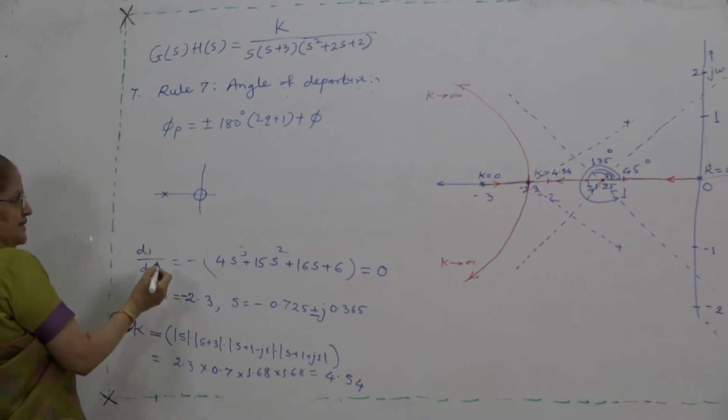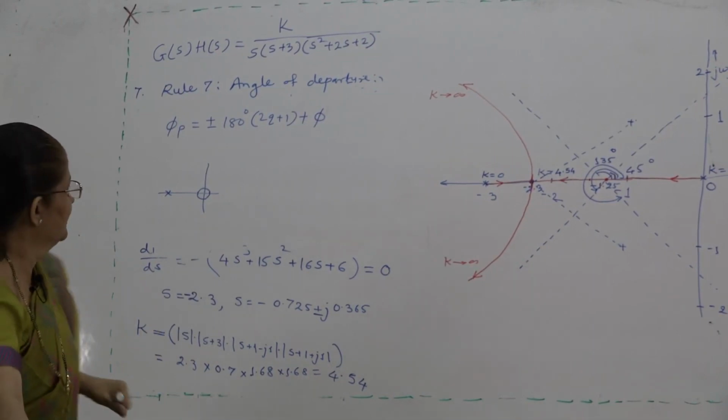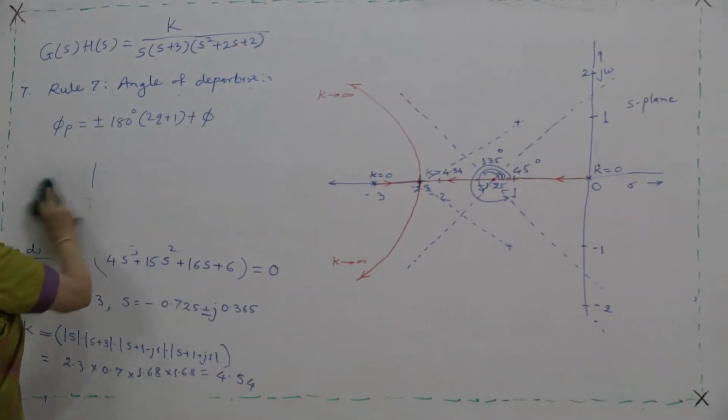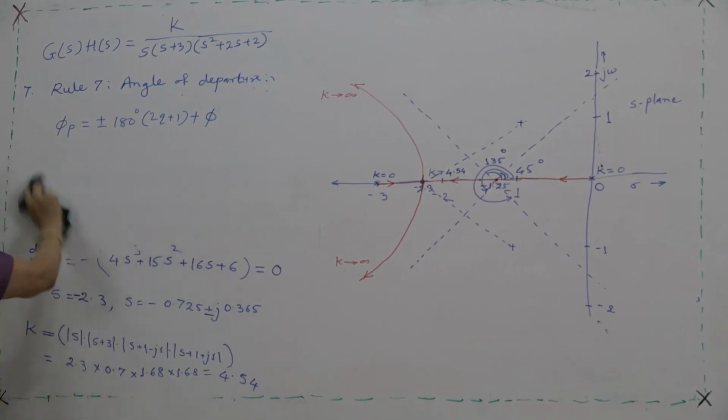What is the meaning of q varying from 0, 1, 2, 3 for the branches we are considering, and what we want? 2q plus 1 means we want an odd number here. Why do we want odd? It should be an integer multiple of 180 degrees.